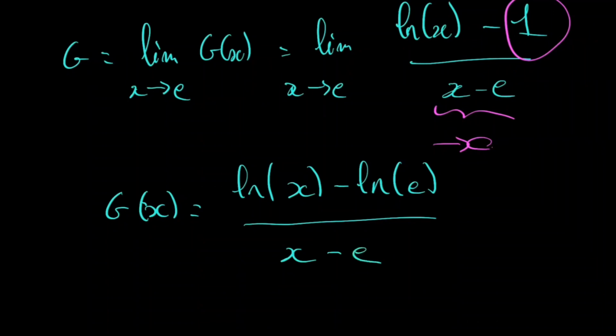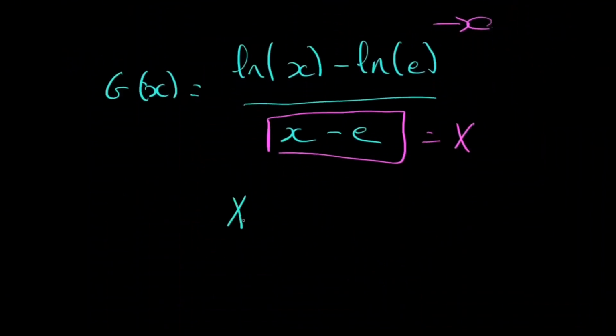Now we want to have a clear derivative. So let's do a change of variables and put this thing here as capital X, because we want to divide by something that tends to 0 clearly.